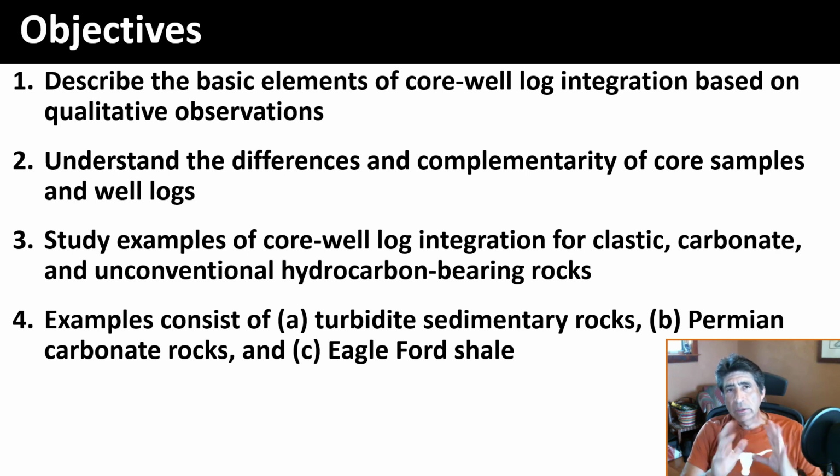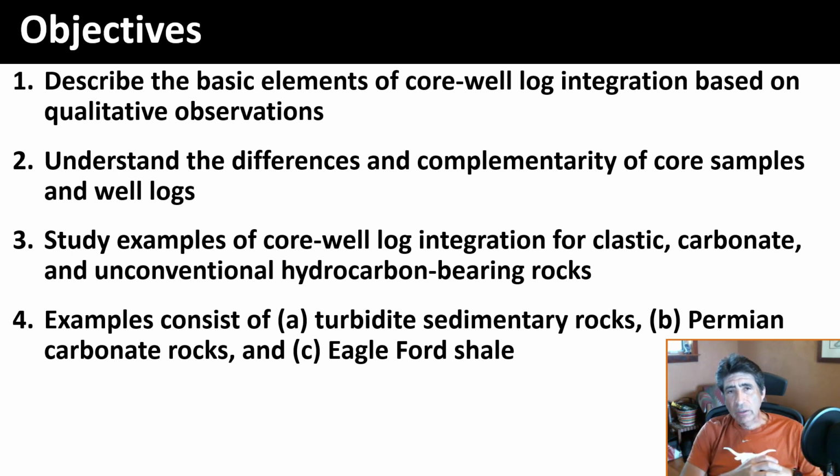As the main part of this lecture, we are going to look at three types of clastic rocks, three types of core samples laid on tables. One is a turbidite sedimentary sequence. The second one is a carbonate sequence in the Permian Basin, and the third one is a hydrocarbon bearing unconventional rock, which is Eagle Ford shale.